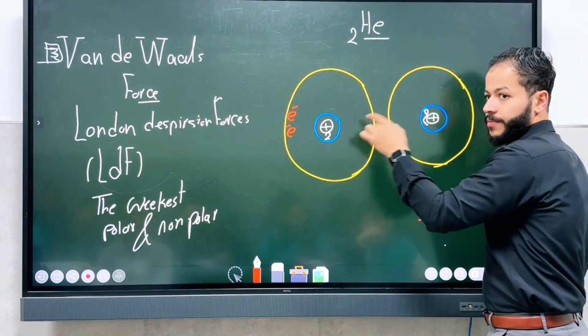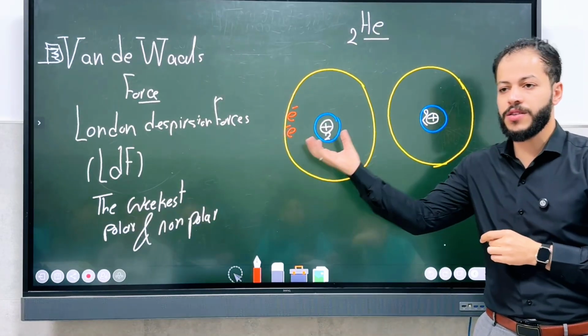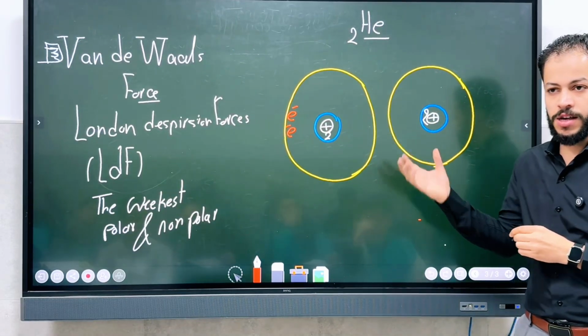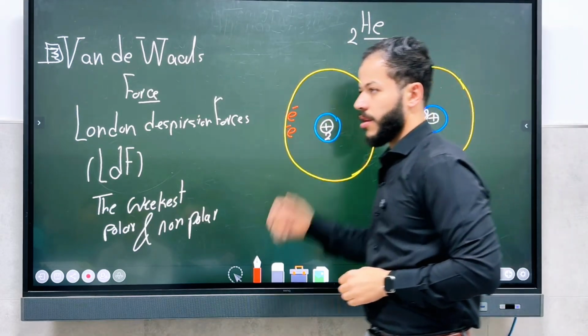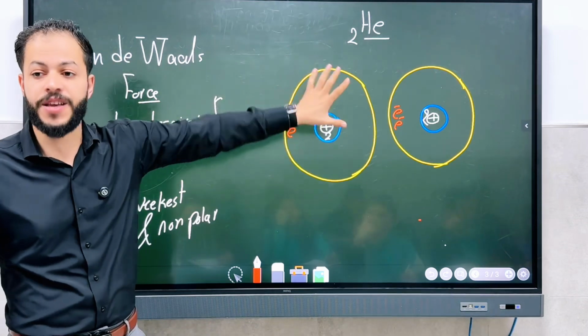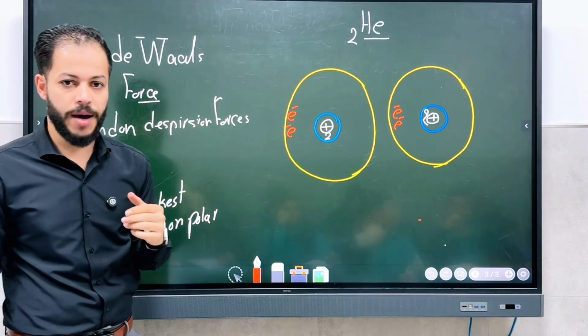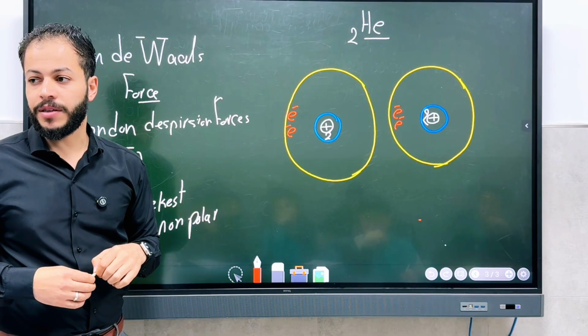And here, the neighbor atom, because the attraction will happen between the atom and its neighbor atom. Okay? How will that happen? This atom also has its electron shifted in that position, and we freeze the atom. Imagine that could happen. This moment here, guys, what is the probability of it happening?